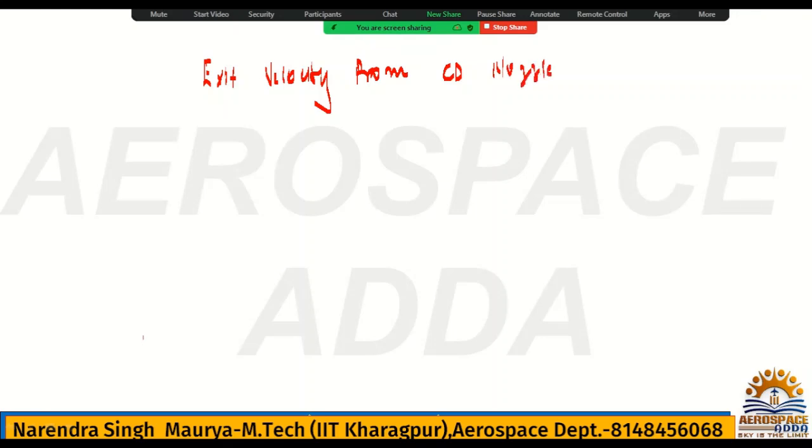Here I had given the formula. If you write the thrust formula for the CD nozzle, pressure will also come, but the pressure terms will cancel out.